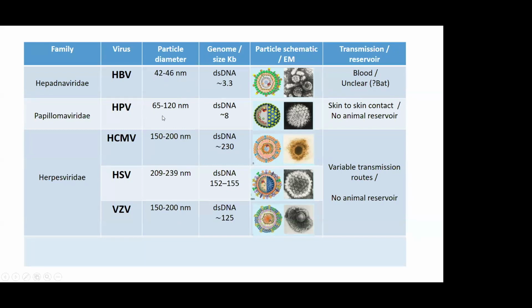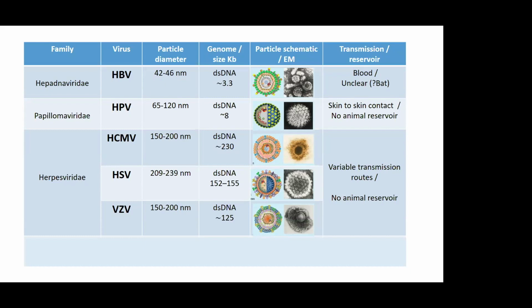Human papillomavirus is actually also found in many animals, but there's no clear transmission between humans and these animals, like birds or reptiles and other mammals. And of course, the herpes viruses are our viruses. They have been with us for millennia, and they have got no animal reservoir.